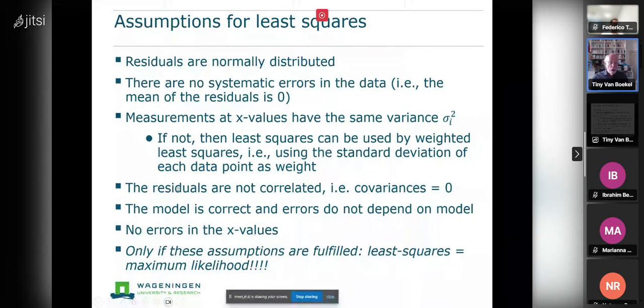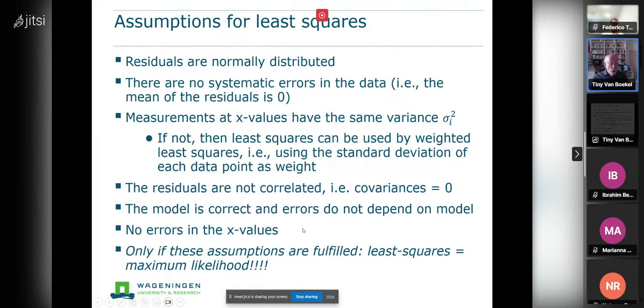Another assumption is that the residuals are not correlated. So residuals at one measuring point should not be correlated to another one, which in statistical terms means that the covariance should be zero. We will see tomorrow that in many cases this is not true, and we have to find another way to deal with that. Another assumption, which is a bit of an open door, is that the model is correct and that the errors that we observe do not depend on the model.